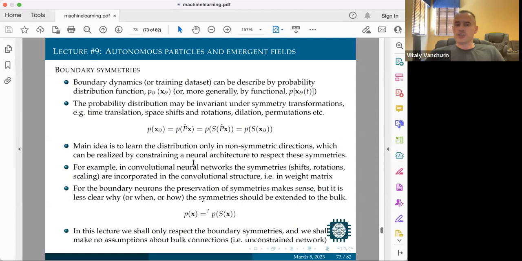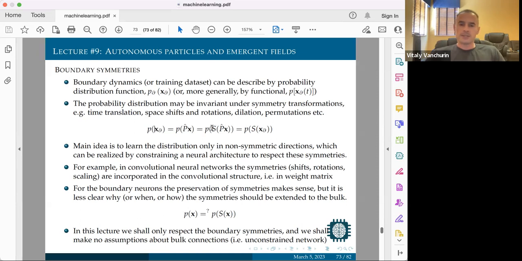Now, here's a general statement: what we're interested in seeing is the symmetries in the boundary dynamics of your training data set. What it means is that basically your probability distribution, or a distribution over paths, as we discussed, doesn't change as you perform a transformation.